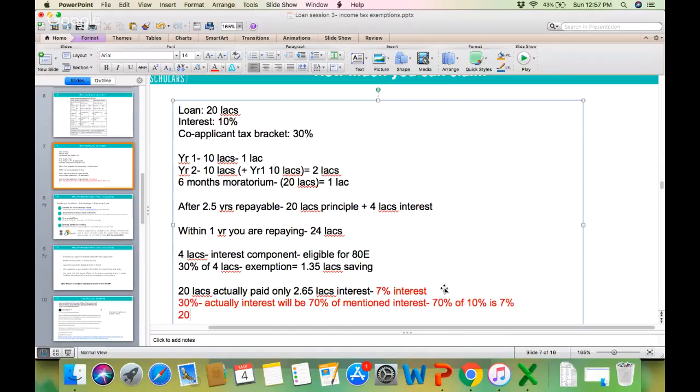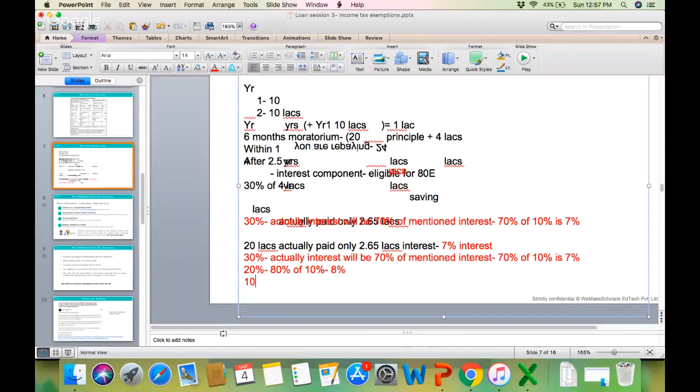Now if I were in the 20% bracket, I would actually be paying 80% of 10% as my actual interest, because 20% is exempted. So the effective interest will be 8% in that case.